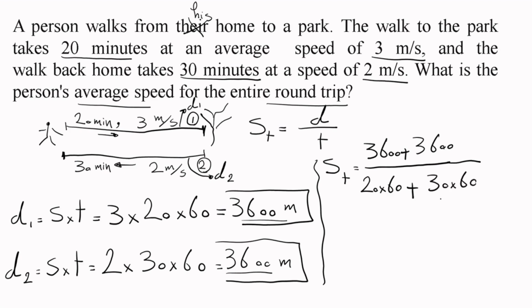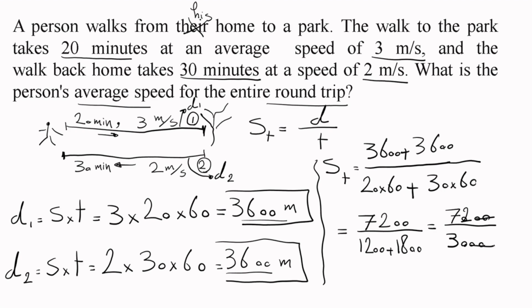It's going to be 7,200, and it's going to be 1,200 plus 1,800. So it will be equal to 7,200.